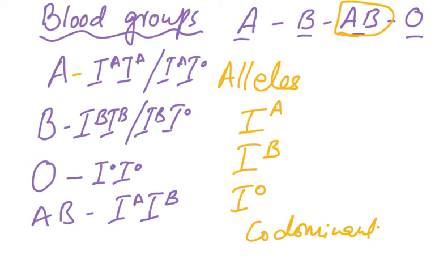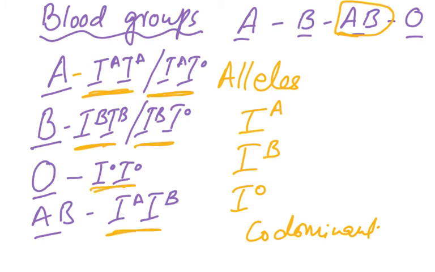So please understand that we have 4 blood groups, so we have 4 phenotypes, but we have 6 possible genotypes. This is one genotype, second, third, fourth, fifth, and sixth. And I always say you use letters to show genotypes.